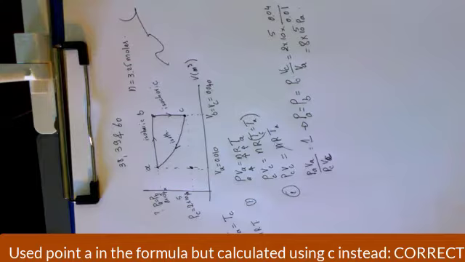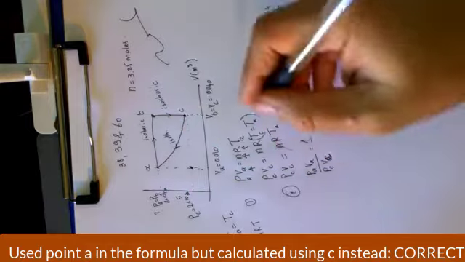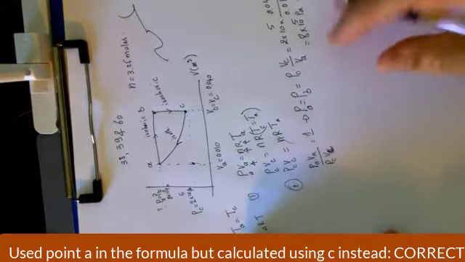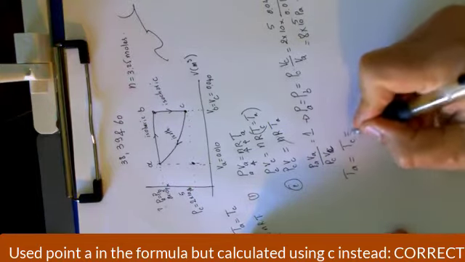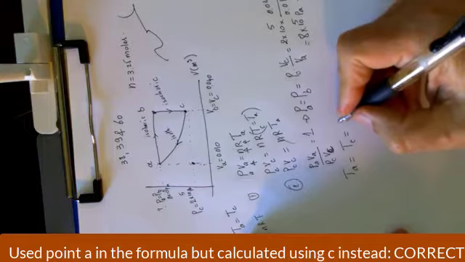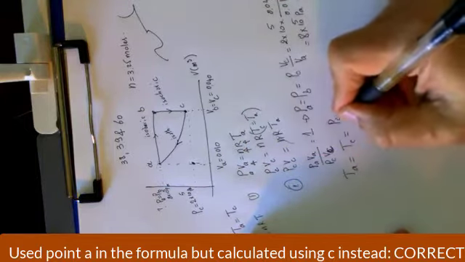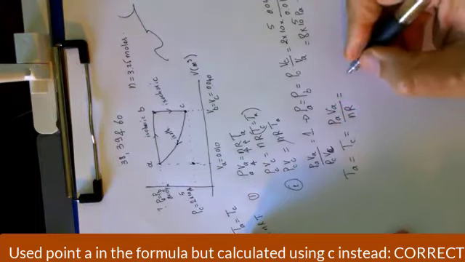So that's question A. Question B, find the temperature of the helium at points A, B, and C. I know the temperature at point A and C are the same. So I know TA is equal to TC, and we can use the ideal gas law, which says that TA is equal to TC is equal to PAVA over NR, and we have everything in this case.